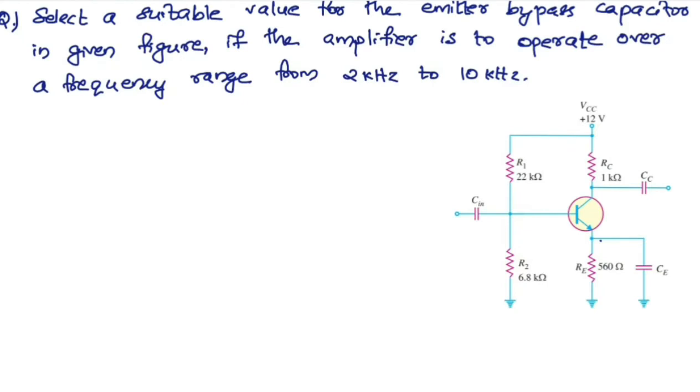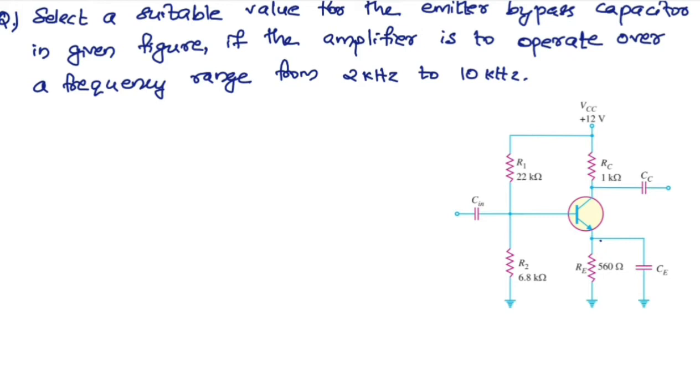Select a suitable value for the emitter bypass capacitor from the given figure if the amplifier is to operate over a frequency range from 2 to 10 kilohertz. Here the frequency range is given because a transistor amplifier always operates over a frequency range, since the signal applied to the input has a frequency range.